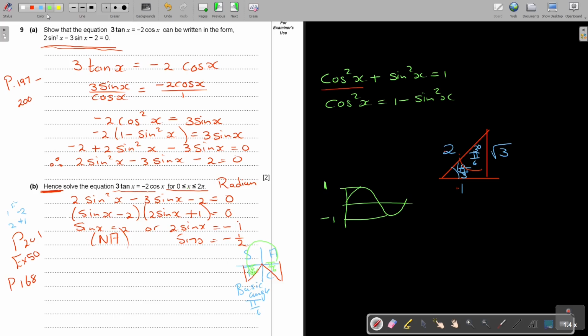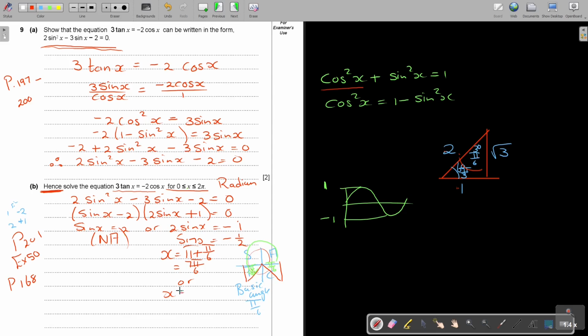So what I'm actually looking for to find x is pi, because that's half of 360, or 180, plus pi over 6. So that will be 7 pi over 6. Or I'm looking from there to there.